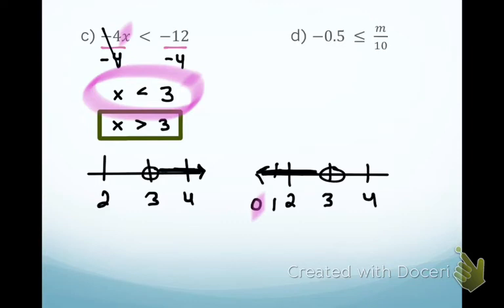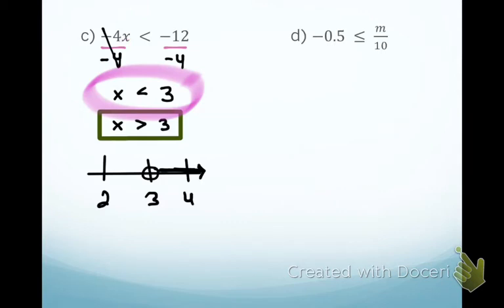So if I had plugged that in, this would have said 0 is less than negative 12. Is that a true statement? No, 0 is not less than negative 12. So that shows us this doesn't make sense, which is why we had to flip the symbol. Because of that special rule, anytime that we multiply or divide by a negative number as our last step, we always have to flip the symbol, or else the answer will be incorrect.